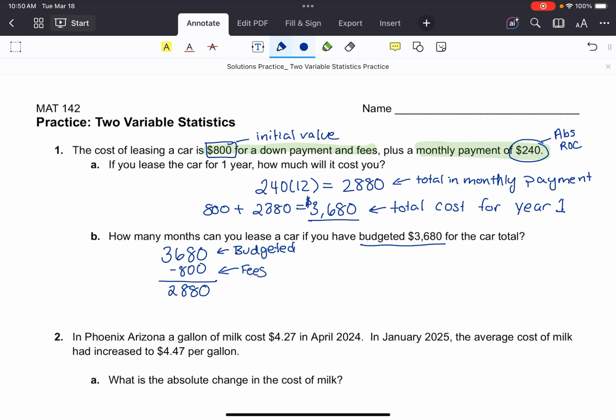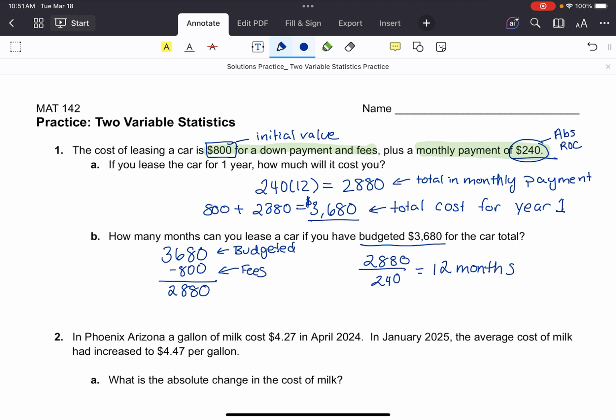And so then we're left with $2,880 that can be spent for those monthly payments. So how many months will this last? Well, each month costs us $240. So if we take that $2,880 and divide it by 240, we'd figure out how many months we could keep paying $240 for before we run out of money. And we'd end up with 12 months. So that's one way to do it.